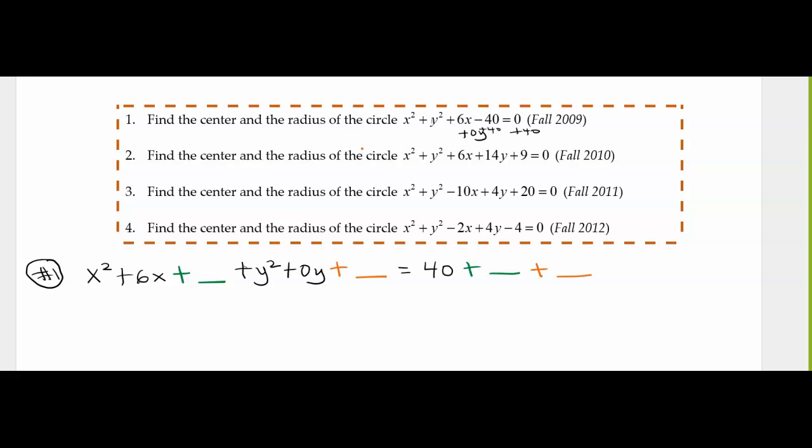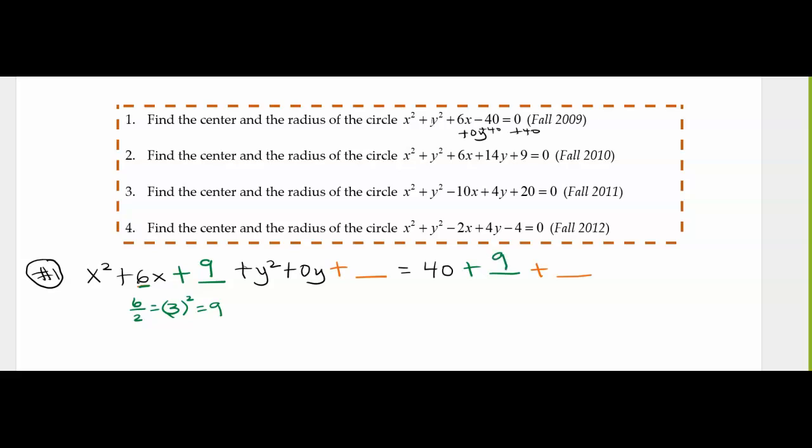All right, now we need to do completing the square so that we can figure out what numbers go in our orange and our green blank. To complete the square, we've got this in descending order, so we're looking at that middle term there, that's 6. We want to find half of 6, so 6 divided by 2 is 3, and then square it. 3 squared is 9. So I'm going to put 9 here, and also a 9 here.